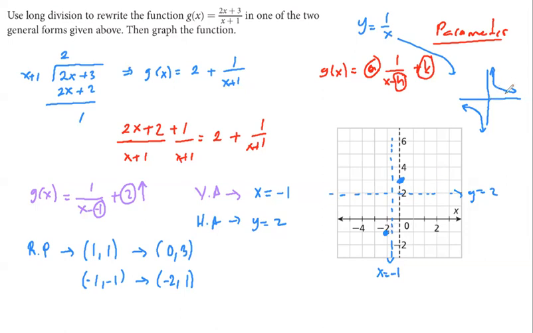So again, we are going to expect something like the parent graph, but now the reference points (1, 1) and (-1, -1) are going to be this one and this one, and the horizontal and vertical asymptotes just change a bit. So you are going to approach this line but not touch it, and then you are going to pass through this point. So the graph will look like this.